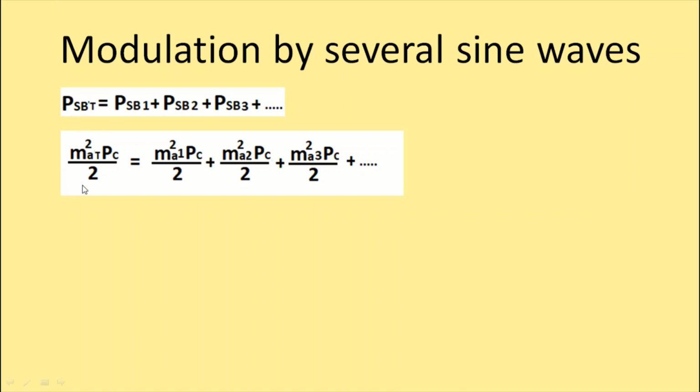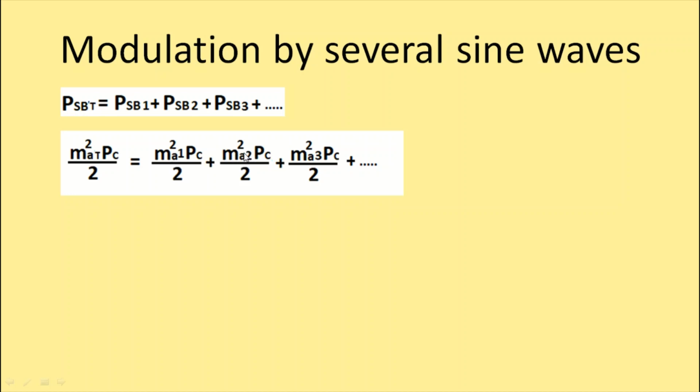It is given as MAT square PC by 2, where MAT is nothing but the total modulation index. And in this one, if you see PSB1, here I have replaced it by MA1 square PC by 2, where MA1 indicates the modulation index of the first message signal.